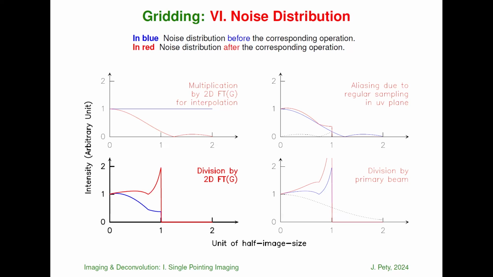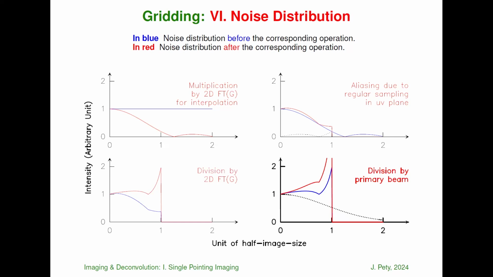Okay? And what you get after deconvolution for a single pointing, a single field, is not the intensity of your source, but the intensity of your source times the primary beam. But what you're interested in is the intensity of your source. So basically, if your source is large enough, you will divide by the primary beam. And this is the last step here. So the primary beam to first order is a Gaussian going to 0.